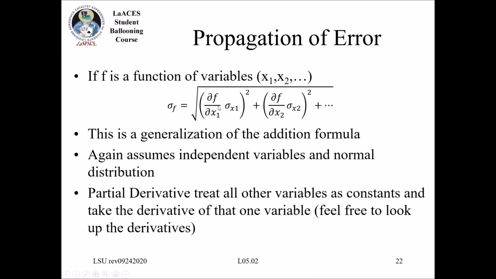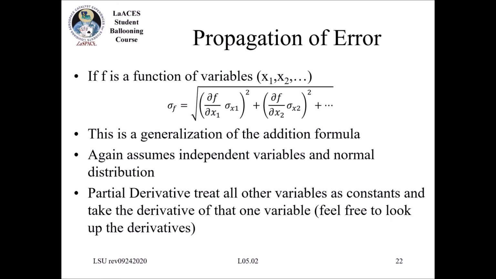And then you just multiply that partial derivative times the error in the variable. We'll go through an example in a second, and you just do that for all of the variables that are in your equation.